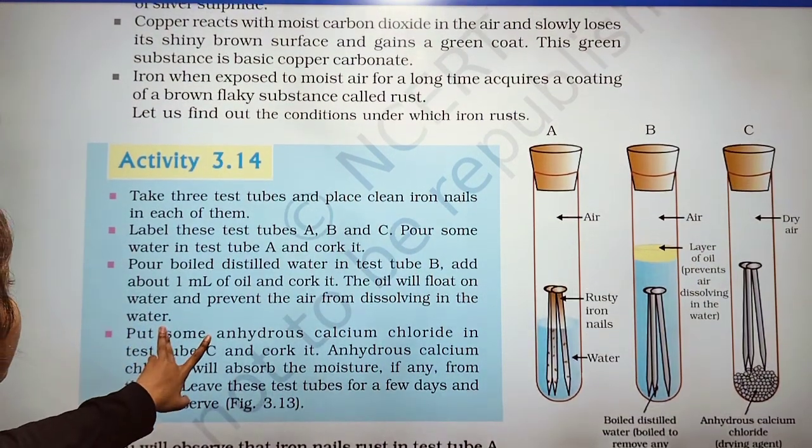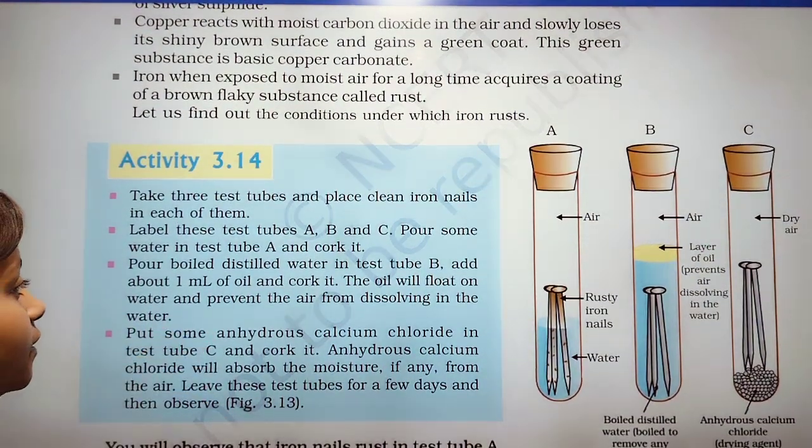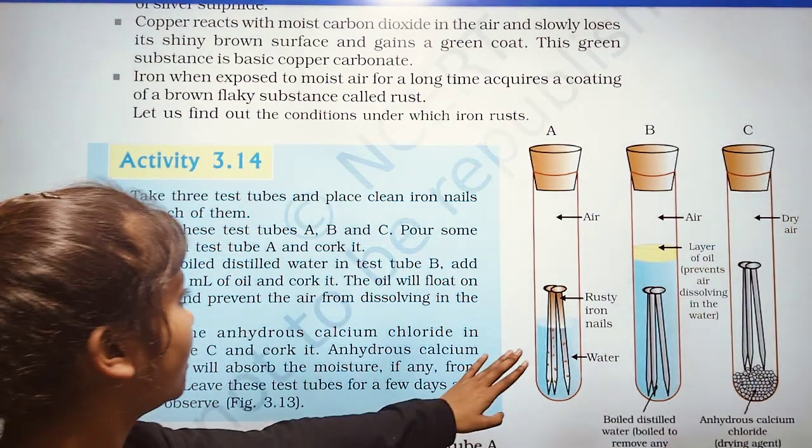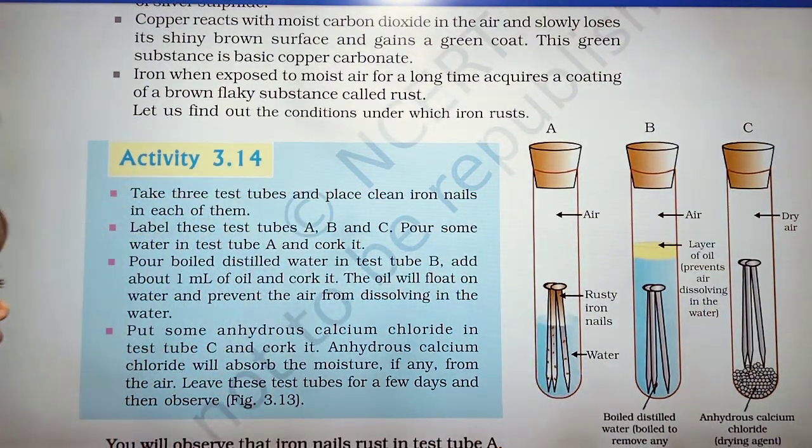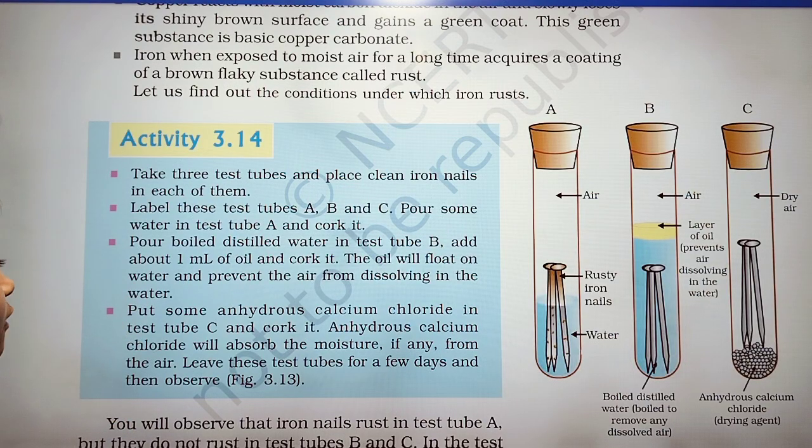After that, pour boiled distilled water in test tube B. It means in the first one we pour some amount of water. In the second one we pour boiled distilled water, and also about 1 milliliter of oil, and cork it.